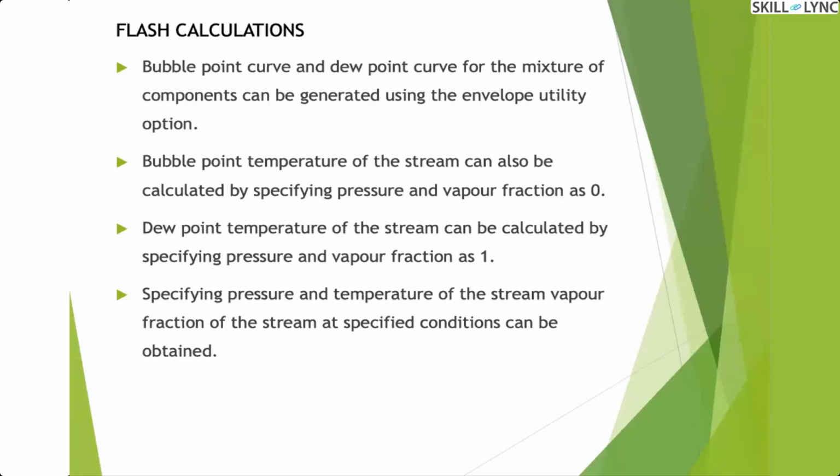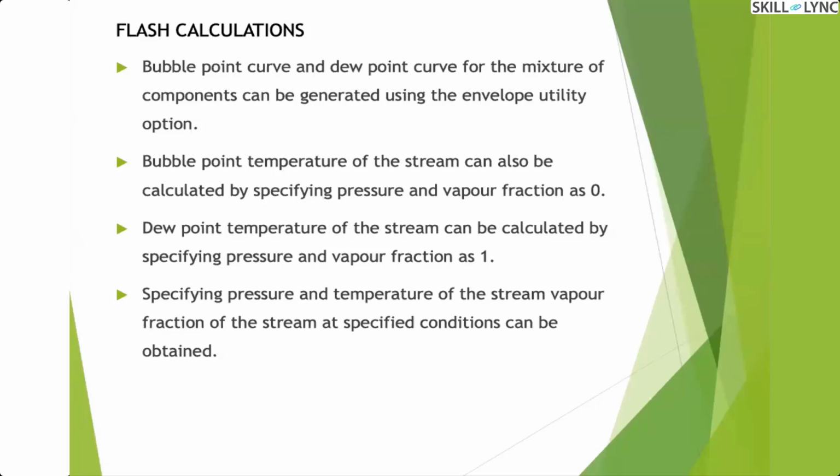In simulations, you can also determine the boiling point of your mixture of components. If you want to determine your boiling point, you can specify your pressure and specify the vapor fraction as 0. Then the temperature will be calculated, and that temperature will correspond to the boiling temperature of that fluid.